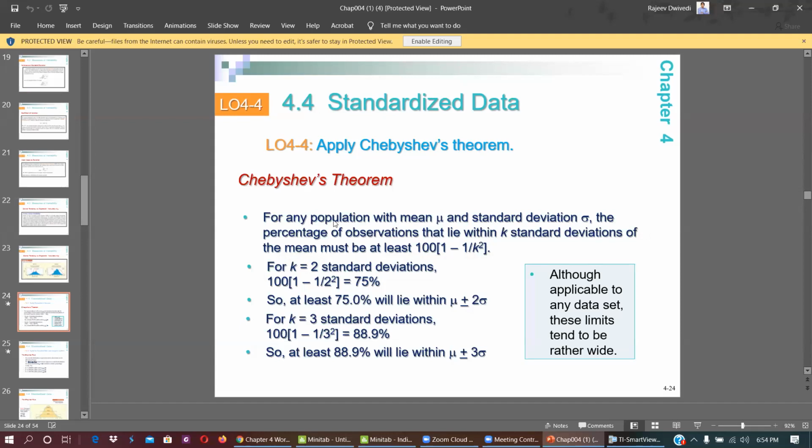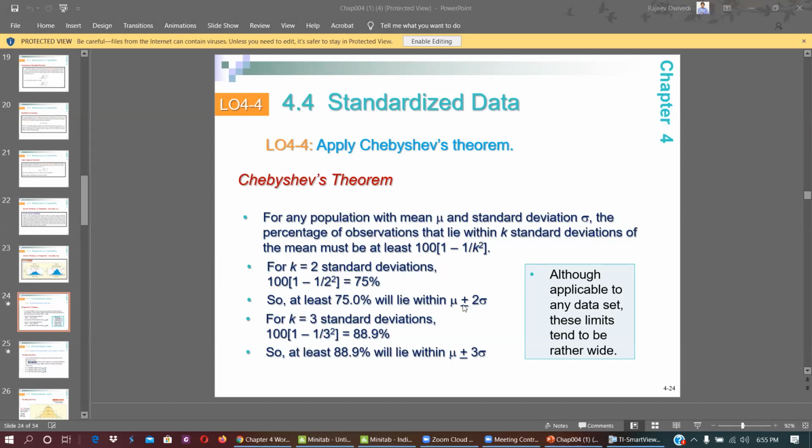For any population with mu as mean and standard deviation sigma, the percent of observations that lie within k standard deviations of the mean must be at least 100 times 1 minus 1 upon k squared. For k equal to 2 standard deviations, 1 minus 1 upon 4 gives 75% of data. So at least 75% will lie within 2 standard deviations.